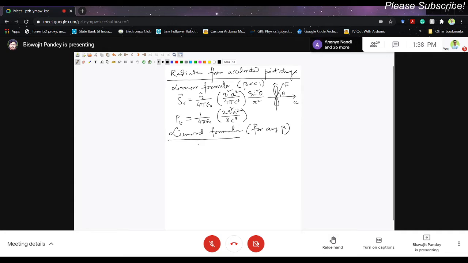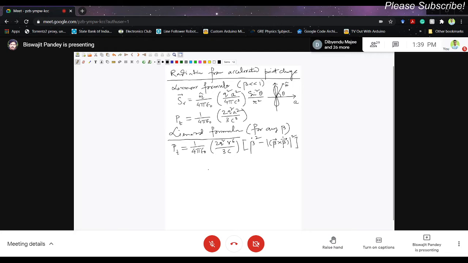Then we showed that the power radiated by an accelerated point charge moving with arbitrary velocity can be written as twice q square and then gamma to the power 6 by 3c, this was from the last class, beta dot square minus mod beta cross beta dot square.